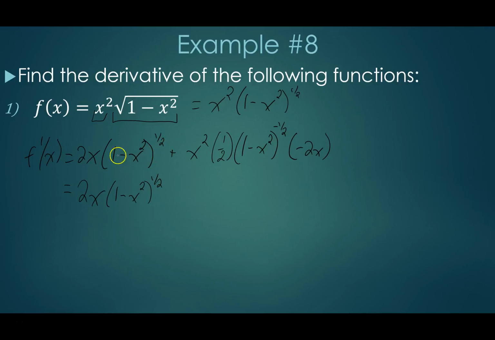Because this has an exponent, I can't distribute the 2x in, so it's got to stay the way it is. Here, again, I can't really change the negative 1/2 part of it, but I can do x squared times 1/2 times negative 2x. When I do that, I get negative x cubed. x squared times x is x cubed. 1/2 times negative 2 is negative 1, hence negative x cubed times 1 minus x squared to the negative 1/2 power.